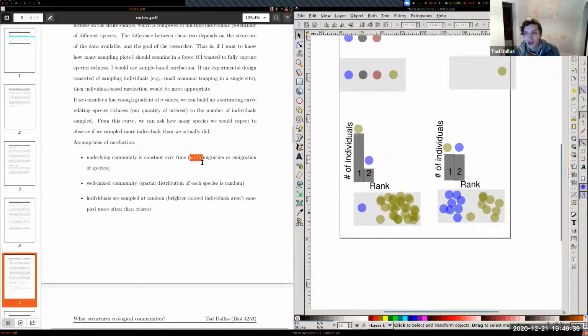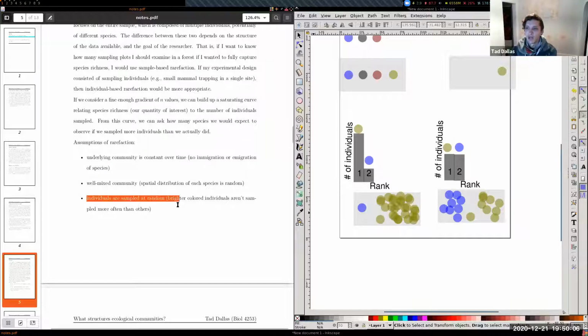It doesn't really account for immigration or emigration of species, including transients, so species that couldn't persist there but just show up in a sample, like you'll sometimes see. It assumes a well-mixed community. So there's no microhabitat variation, or you're sampling microhabitats in a very equitable way. I think that's what it would assume.